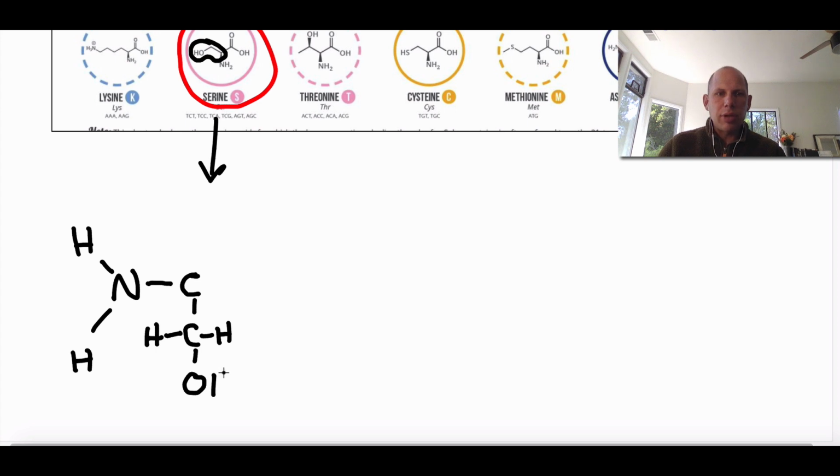I'm just going to draw the OH like that. So that's sort of an alcohol functional group coming off that. And then we have this other H here. Okay, and then we have the carboxylic acid portion. And it's also important to remember that there would be lone pairs here, and here, and here, and here.